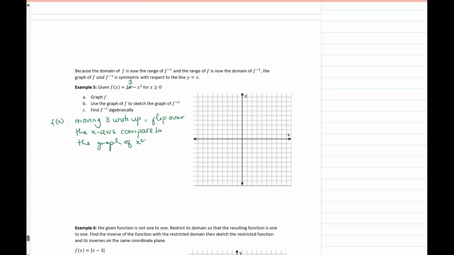And we only want to graph the part where x is greater than 0. Because we restricted the domain like this, we have a one-to-one function, so then we can have the inverse.